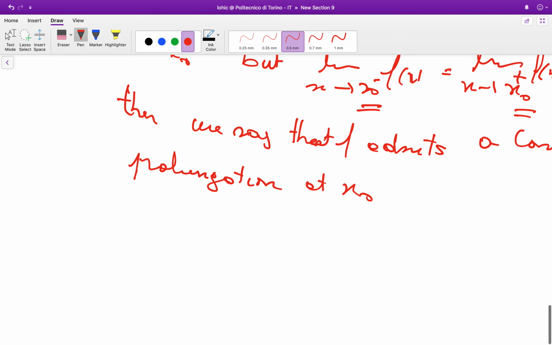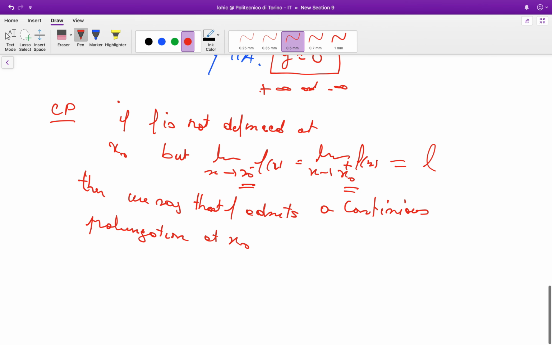So the condition to admit a continued prolongation is that first, the function should not be defined at that point. Second, the limit from the left and the right should be the same.